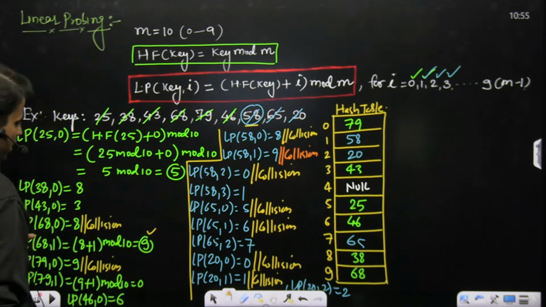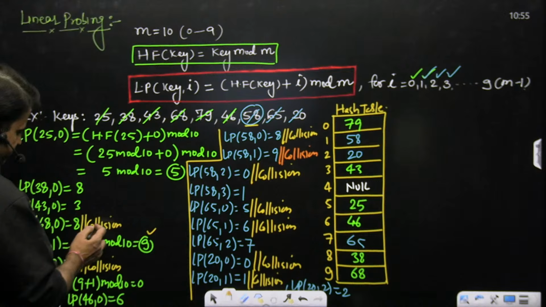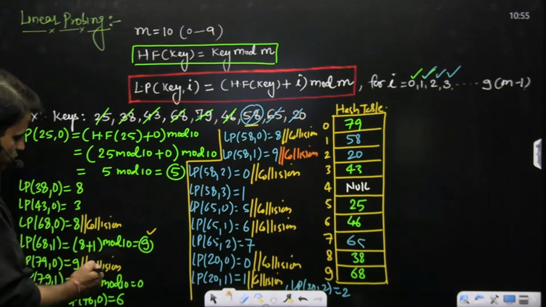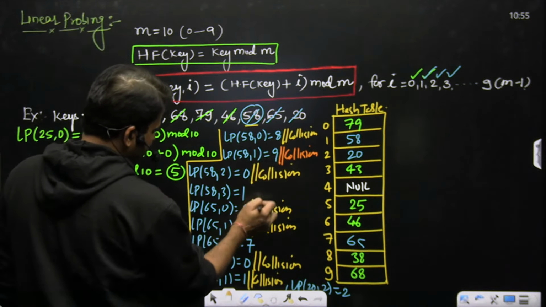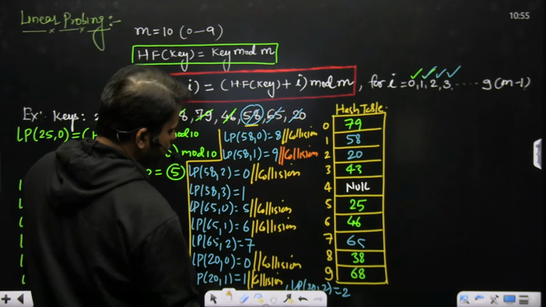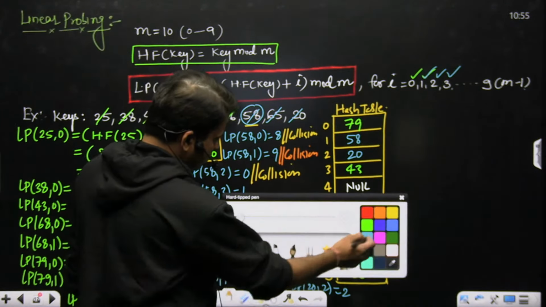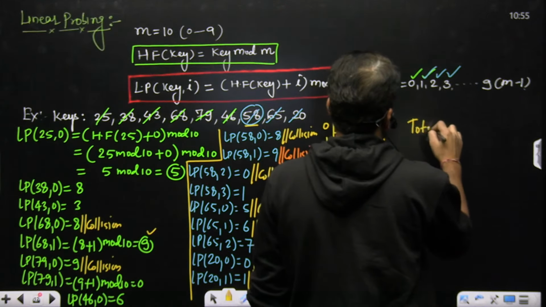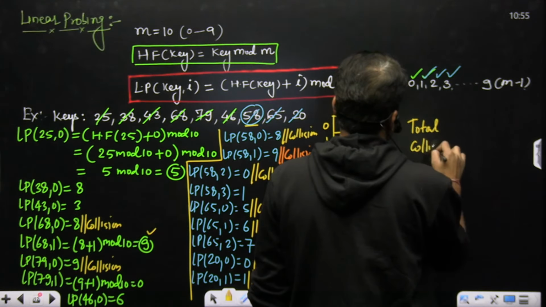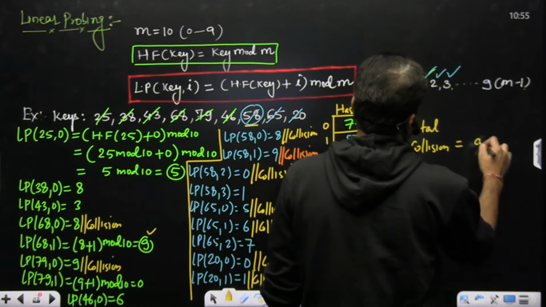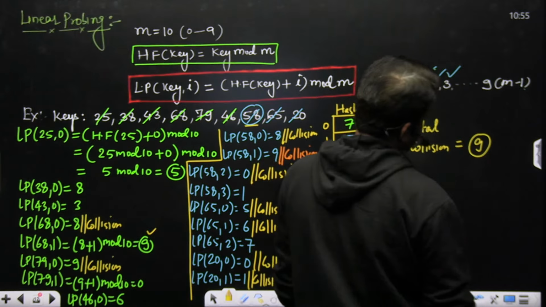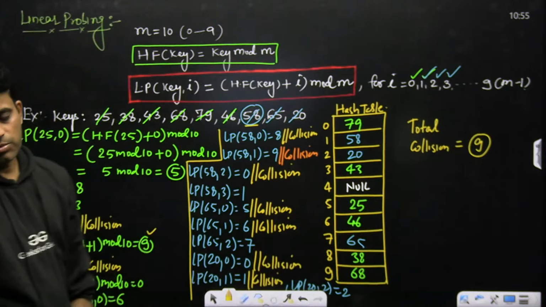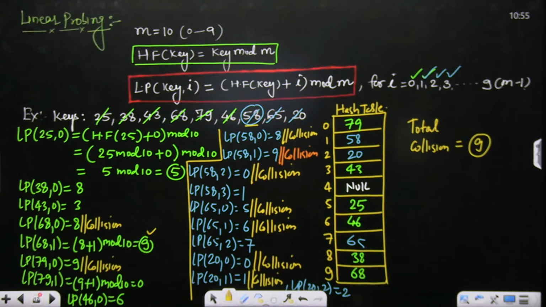So count the total number of collisions. Sir, 1, 2, 3, 4, 5, 6, 7, 8, 9. So 9 is the total collision, right? इस तरह से क्वेश्चन आपका बन सकता है गेट पेपर में. फाइन, स्टूडेंट.